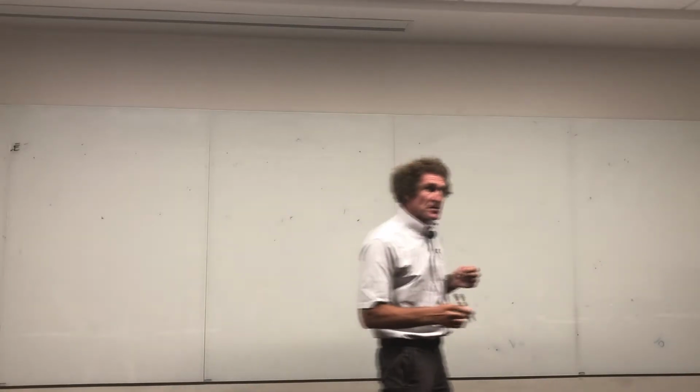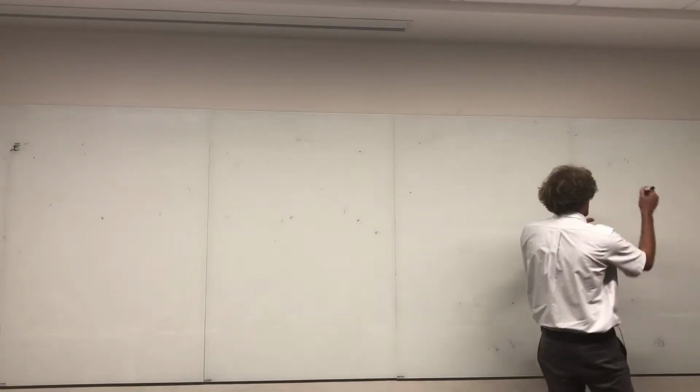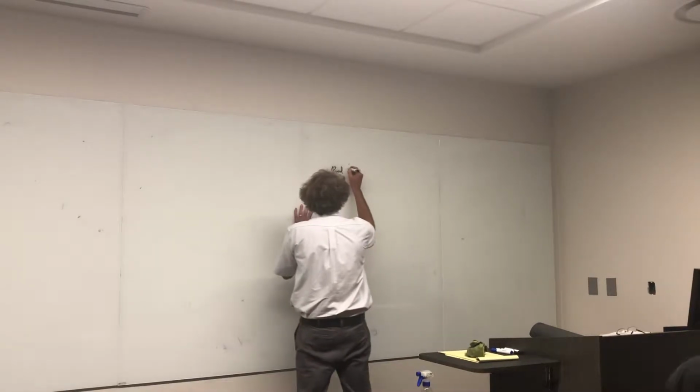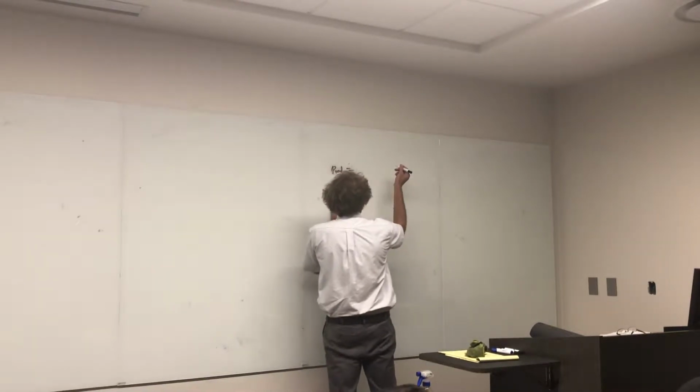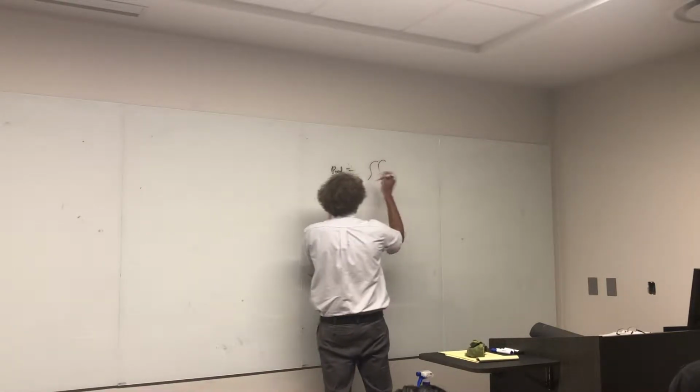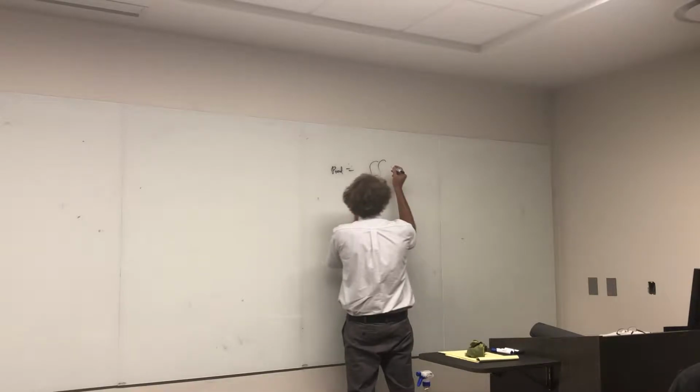Now, some of the other things you'd like to know is the total power radiated, and P radiated you can get by taking a double integral of the power density.